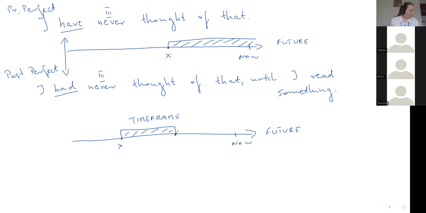And one more example that I can give you. Let me clear this all up. So if you say, in the past perfect, that's a very, very relevant and vivid example, I had never been to Egypt, so I was very excited.